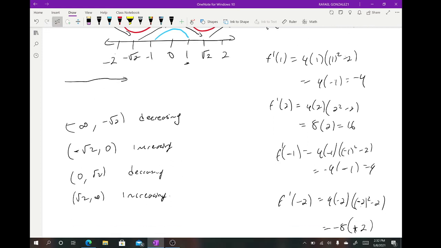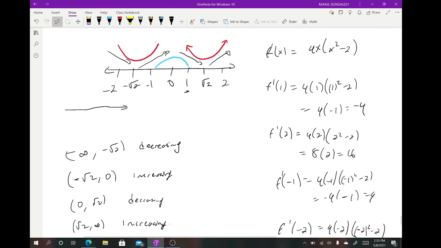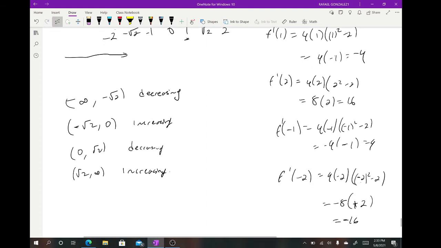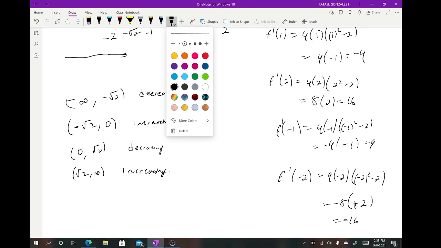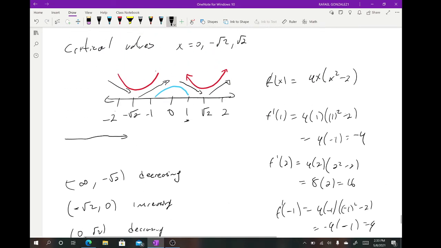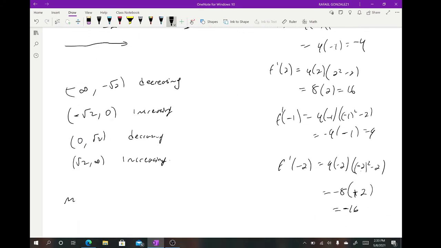Okay, so we now have been able to talk about all of the intervals of the function, and we know where the minimum and maximum occur. The minimum occurs at radical 2 and negative radical 2, and the maximum occurs at 0. So let's write that down.